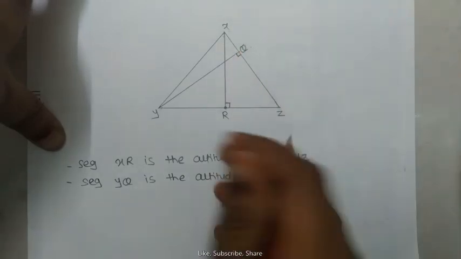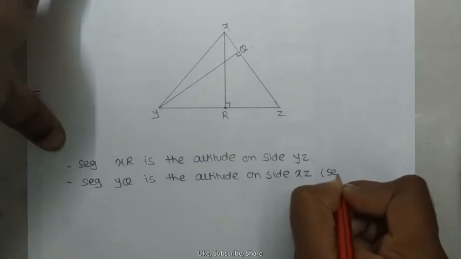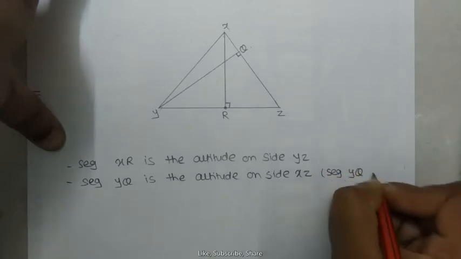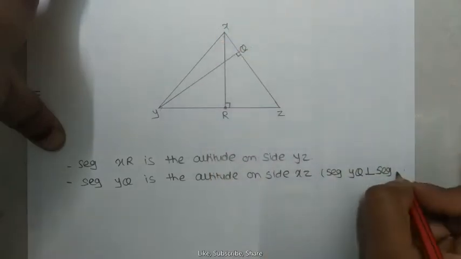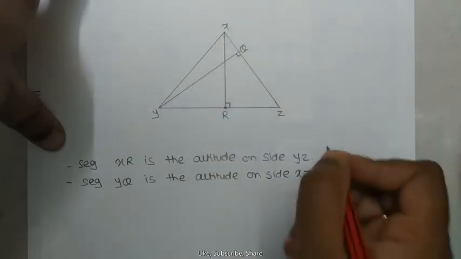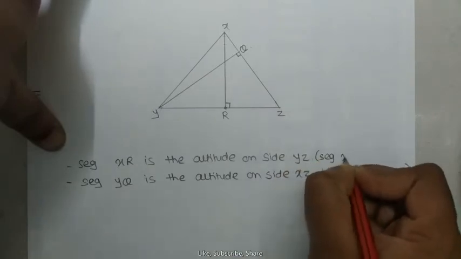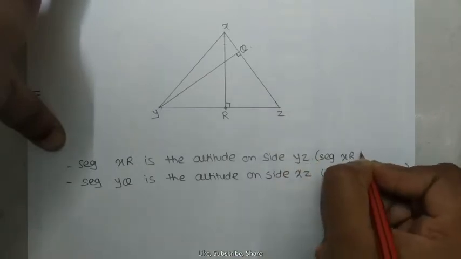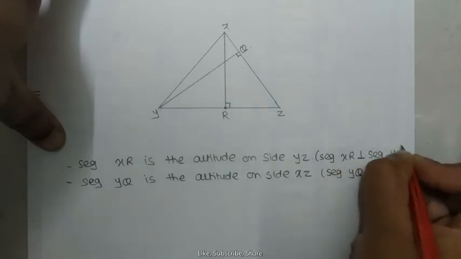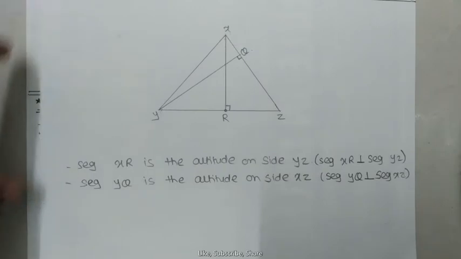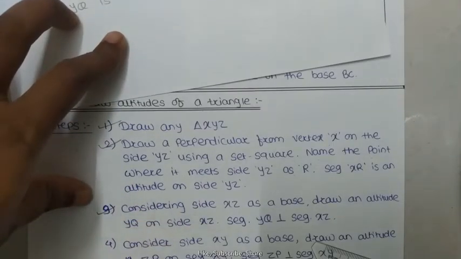So we have to write like this: segment YQ is perpendicular to segment XZ. Similarly, for this one, segment XR is perpendicular to segment YZ. Clear?